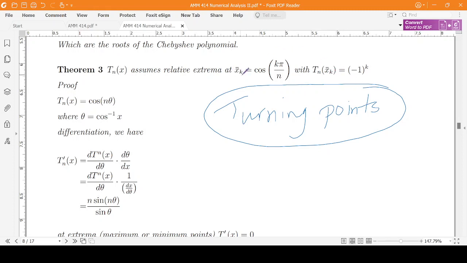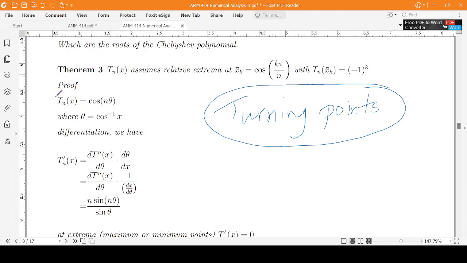The Chebyshev polynomials have turning points, which we can denote with x bar k, which are equal to cosine of k pi all over n. And this will have the values at the turning points. The value of the turning point will be minus 1 raised to power k.